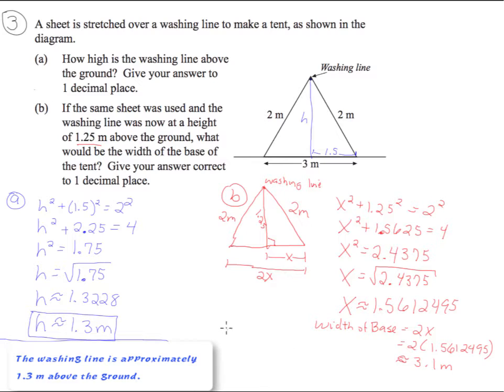Now here, this is the final step. This is where I round to 1 decimal place. Please do not round before your final answer. You'll get called what, a rounding error, and you might miss the answer. So I write my answer in sentence form. I would say that the width of the base of the tent is approximately 3.1 meters.